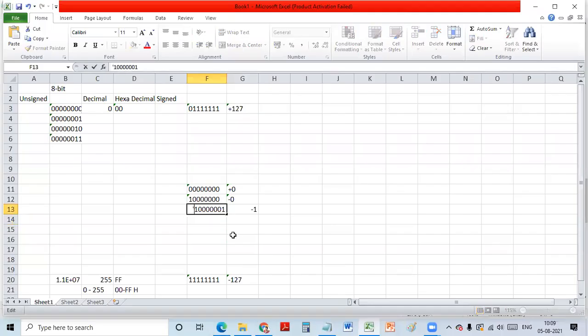So in sign magnitude, we have plus 0 and minus 0, two different representations. The range is minus 127 to plus 127. So this is the sign magnitude form. Because of this disadvantage mainly, we won't go by this method.